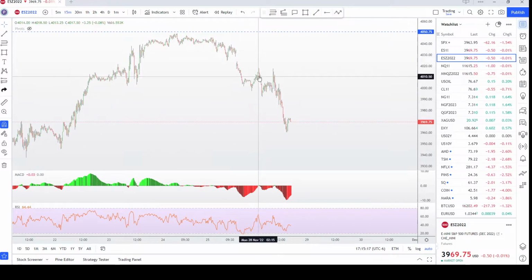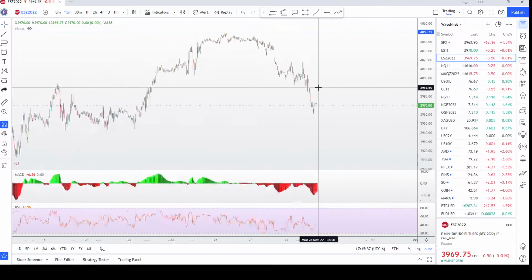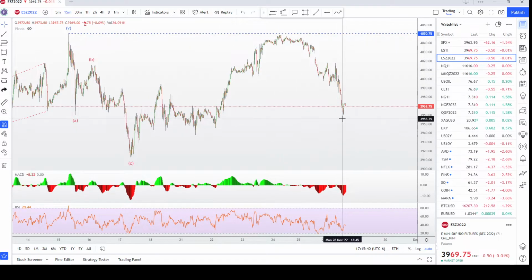So here's ABC, and then correct ABC up. This looks like ABC down. So I'm expecting a correction here, 3 waves, and then come back down, and then all this would be a leading diagonal. But we can't confirm that yet, but if that's a leading diagonal, we're coming down.